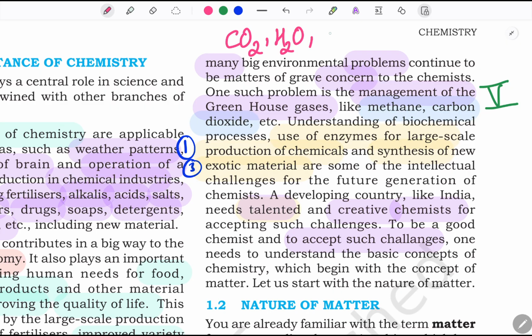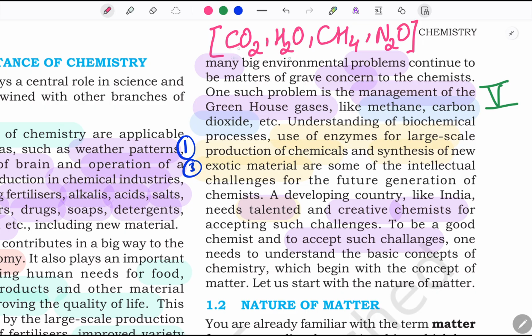Then you have got methane, water vapor, and so on and so forth, and nitrous oxide, etc. These are the gases which are actually absorbing the infrared radiations and re-emitting them on the planet, and making the planet very, very warm. So this does not keep the environment very sustainable and habitable. The living organisms, of course, in a hot environment will not survive. So there has to be a certain degree of temperature for us to survive.